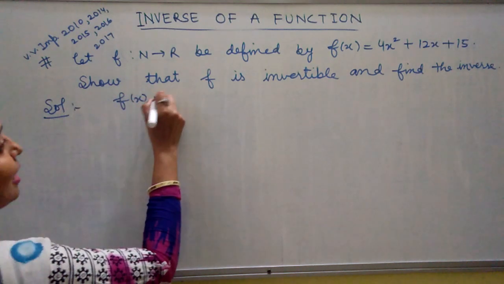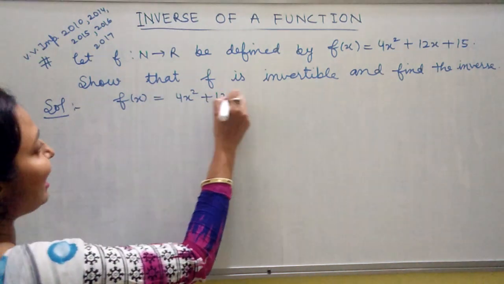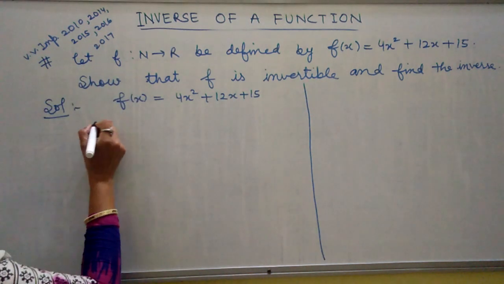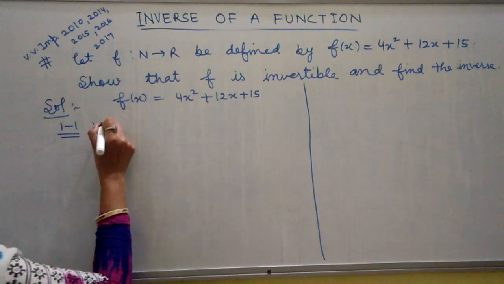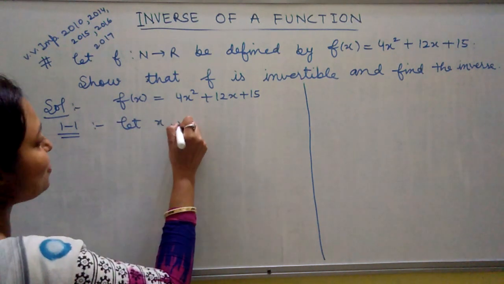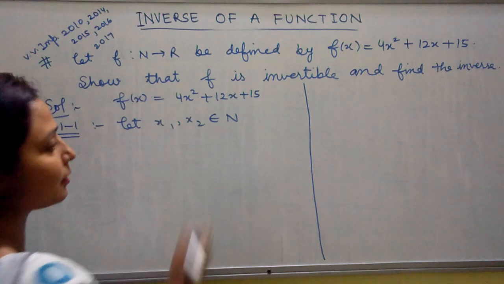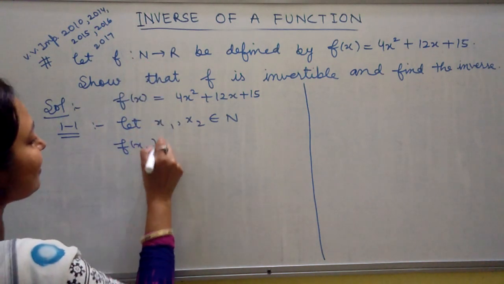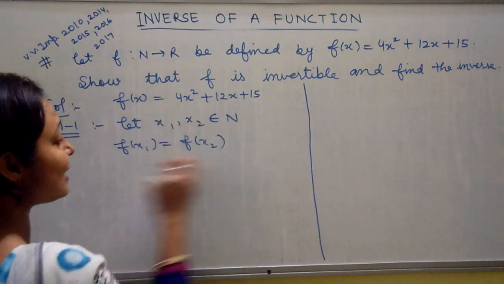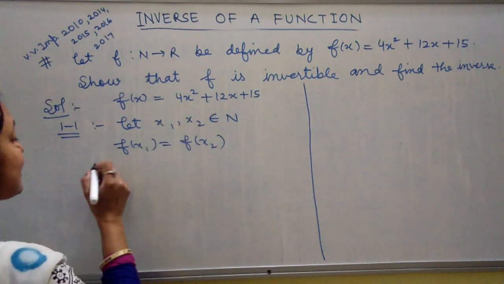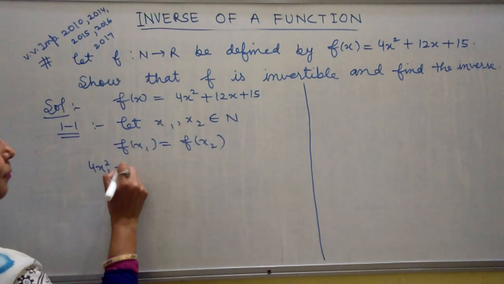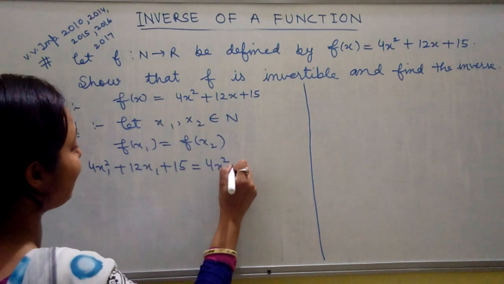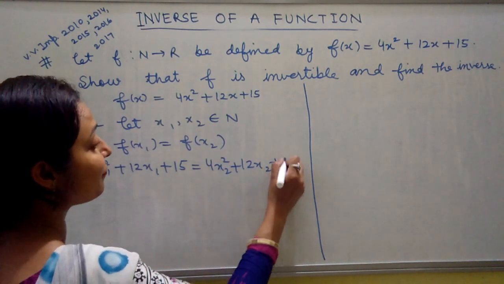f(x) is given as 4x square plus 12x plus 15. I will solve by first taking x1 and x2, both belonging to natural numbers. I will take f(x1) equals f(x2), starting from the mapping: 4x1 square plus 12x1 plus 15 equals 4x2 square plus 12x2 plus 15.